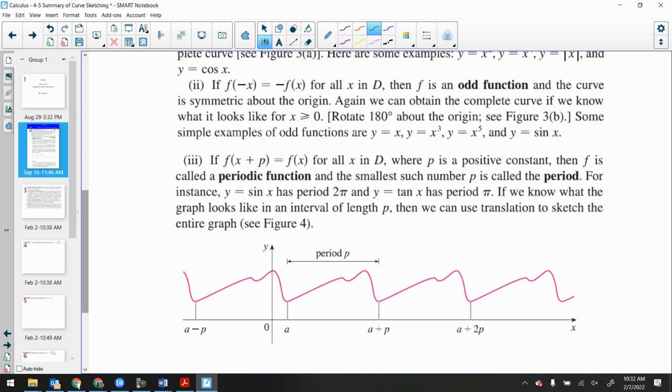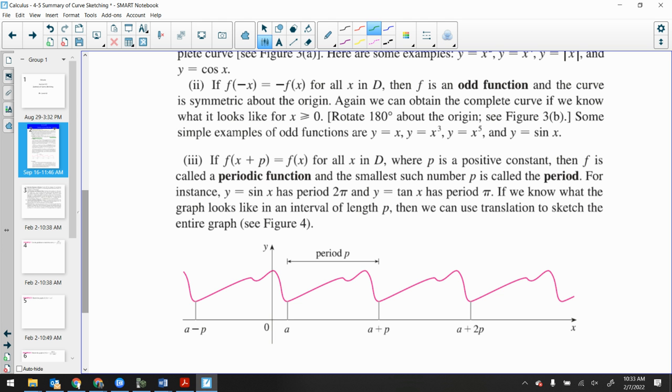Like if you take sine and you keep adding 2 pi to x, it's not going to change the y values, is it? Same thing with cosine, same thing with tangent. The period there is 2 pi because every cycle of 2 pi, the y values are going to repeat themselves. That's what it means it's periodic.